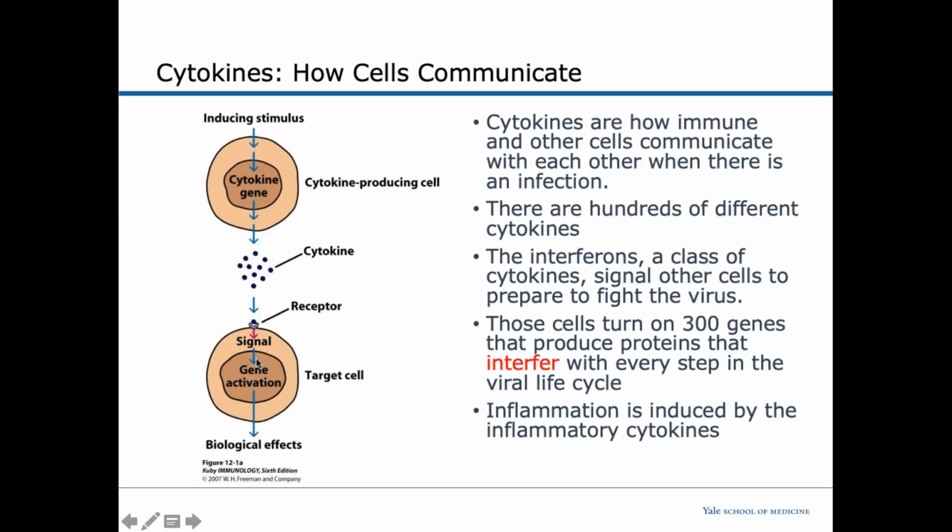And when the neighboring epithelial cells bind the interferons, they turn on 300 genes that produce proteins that will interfere with every step in the virus life cycle, from infection to making multiple copies of itself and replicating, to budding, etc. The other class of cytokines are called inflammatory cytokines, and they induce inflammation.